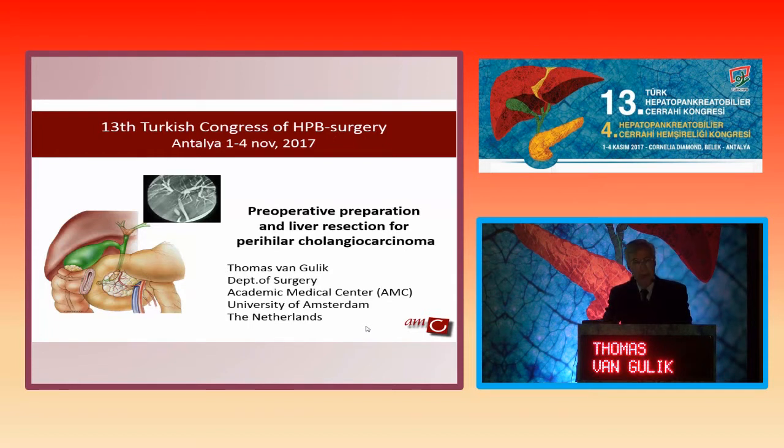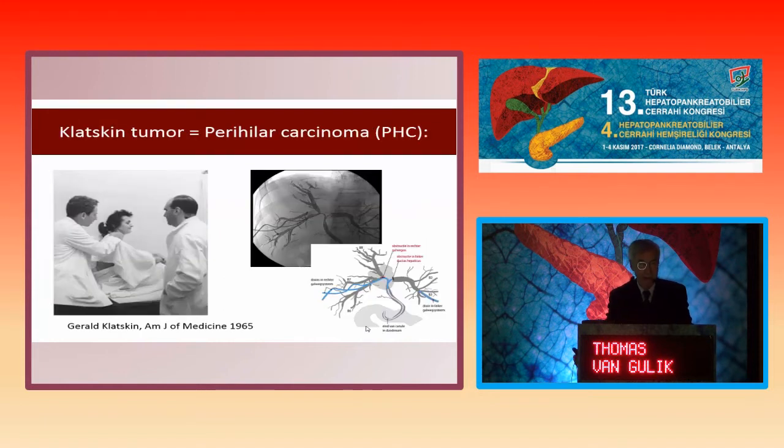Now, this morning I noticed that when the presenters were talking about perihilar cholangiocarcinoma, they were talking about Klatskin tumors. So I think what we first need to sort out is the terminology of this type of tumor. We know that these tumors arise typically at the confluence of the left and the right hepatic ducts, and in fact it was Mr. Klatskin who in 1965 defined this tumor as a nodular tumor arising at the hilum of the liver.